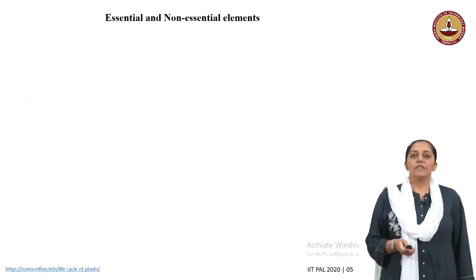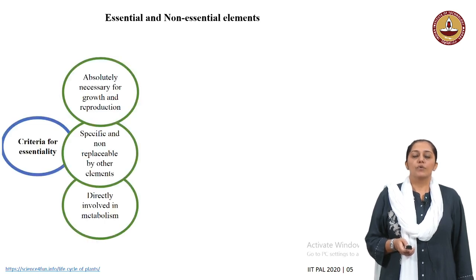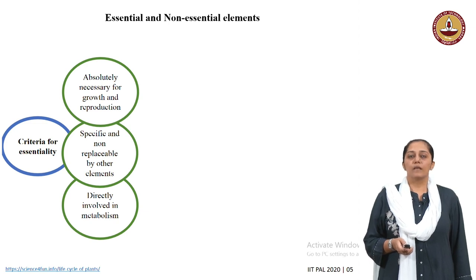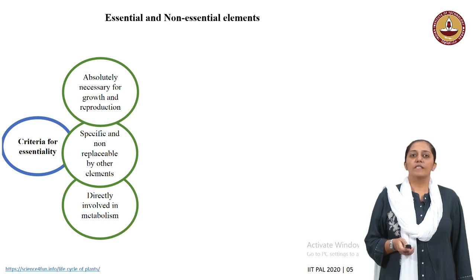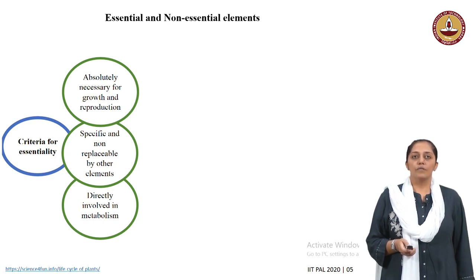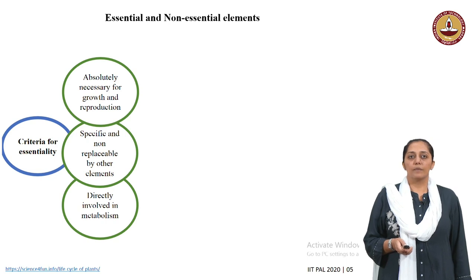Mineral elements are further classified as essential and non-essential elements. So, what is the criteria which makes a mineral element an essential mineral element? Essential mineral nutrients are absolutely necessary for growth and reproduction.